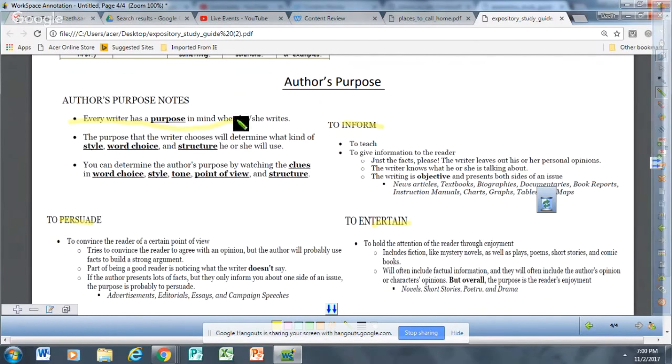Every writer has a purpose, whether it's style, word choice, or structure. Why are they using it? What is the point of view? What are the clues? All of those things are going to be part of it. So make sure you understand that there's a purpose, and it's always going to be tied to getting his or her message across.